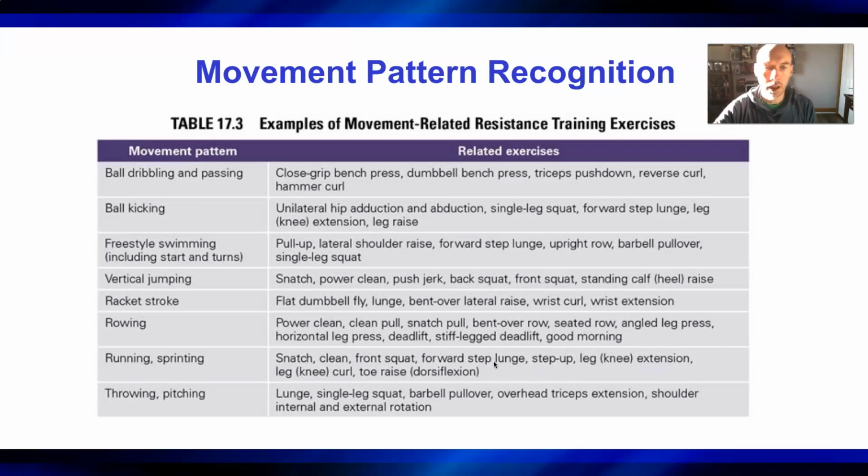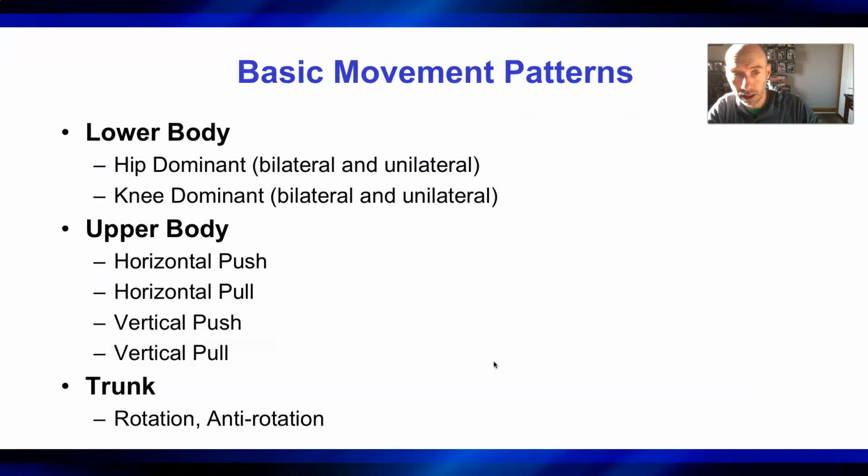Okay. Now, to dig into that a little bit deeper, and again, we'll touch on this next week, I like to use these basic movement patterns when I'm selecting exercises. The basic movement patterns of the body can be divided up as you see on this slide here. So for lower body, we're looking at exercises that are either primarily involving the hips, or exercises that primarily involve knee flexion and extension.